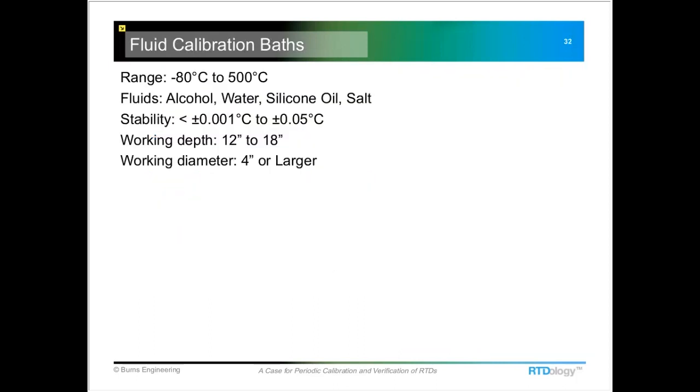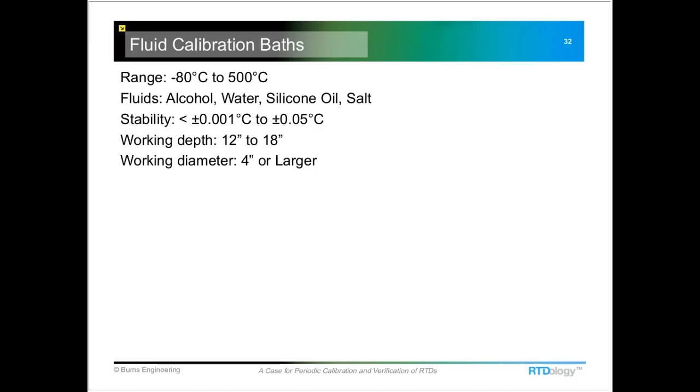Fluid baths typically range from -80 up to 500 C. There may be another, like a fluidized bed type thing, which might use some sort of a solid media that's fluidized with air.